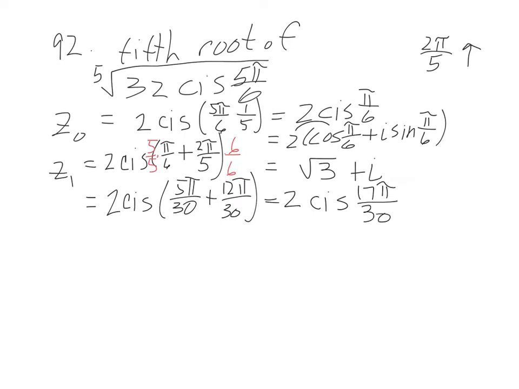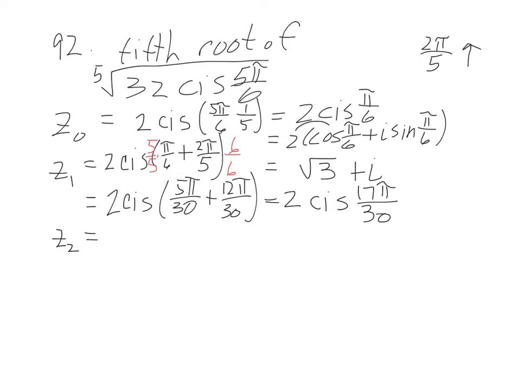And then of course you would get that into standard form. 17 pi over 30 is obviously a nasty rotation, so you could just estimate that and you would get decimals for your answer in terms of getting into a plus bi form.